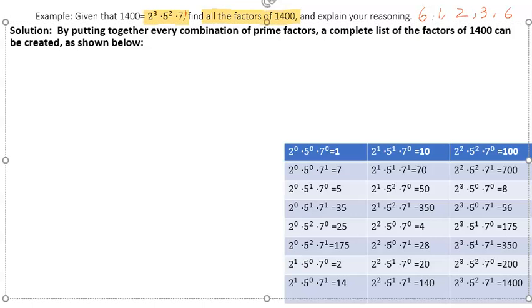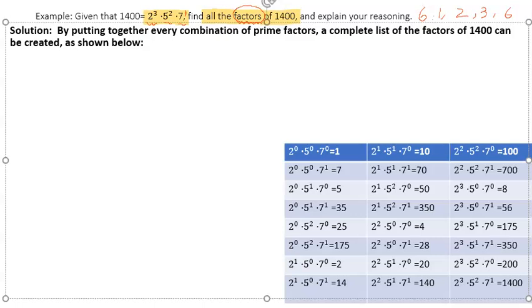Now, a factor is a number that can go into 1400. We already know what prime numbers can go into 1400, which are 2, 5, and 7. Of course, these are only the prime numbers, but the factors don't have to be prime numbers.